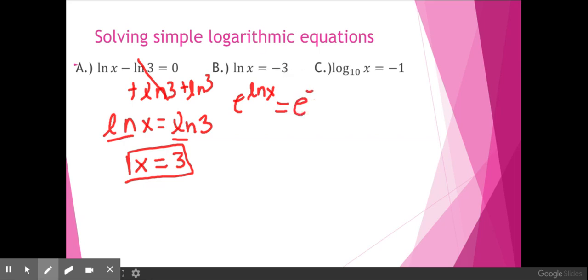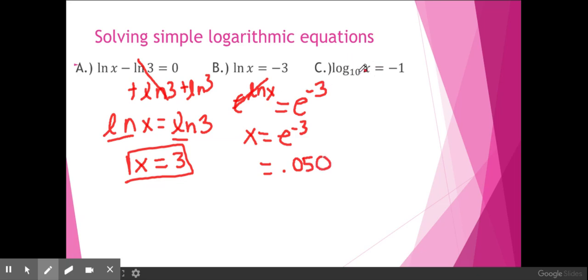So e to the -3. Whenever you're solving for logs, this whole part of the equation becomes the exponent with whatever base cancels this log. So those cancel out. We're left with x equals e to the -3, and that you can do in your calculator. When you plug that in, you should get about 0.050.